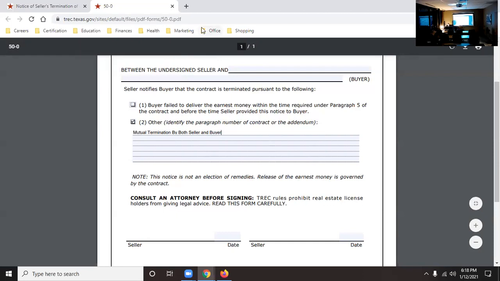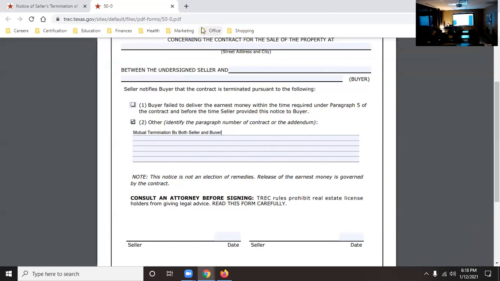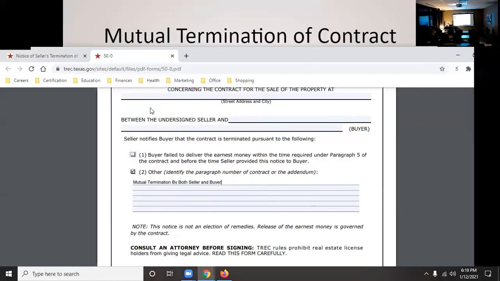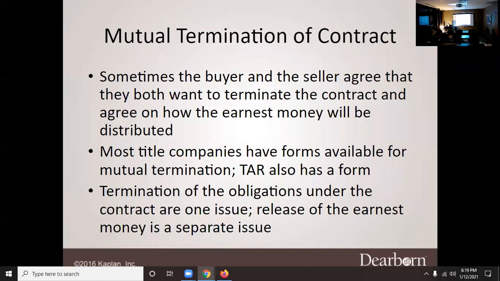Just because you terminate a contract does not mean that the buyer gets to walk down to title and say, where's my money? It's not that simple. Title must get a release of earnest money. If they fail to get a release of earnest money, title will not relinquish the money. Title will hold on to it until they receive it. So again, you have to make certain that all parties understand this.